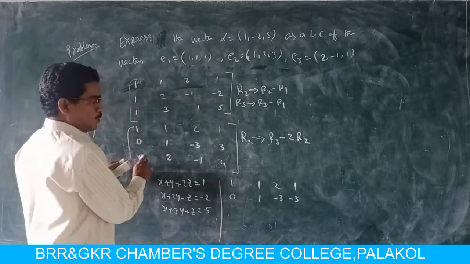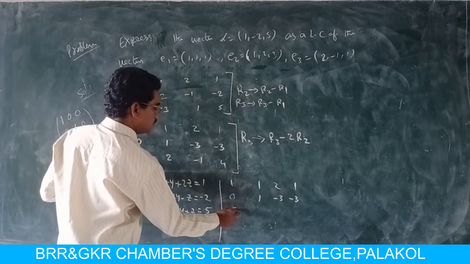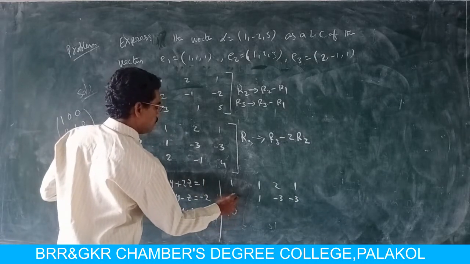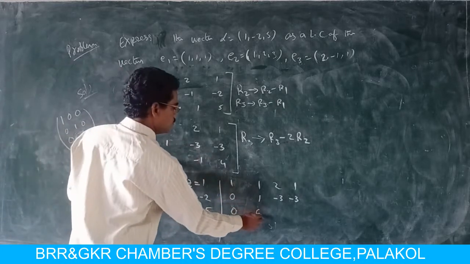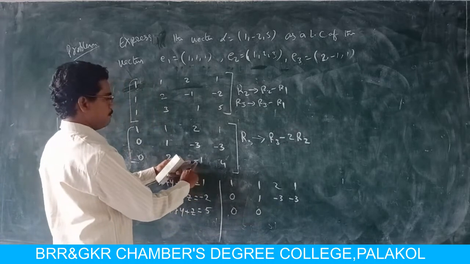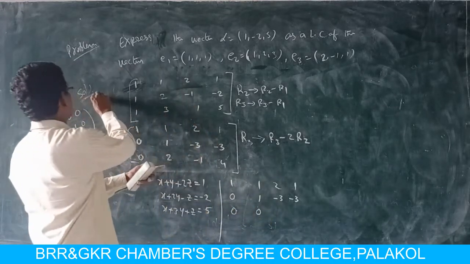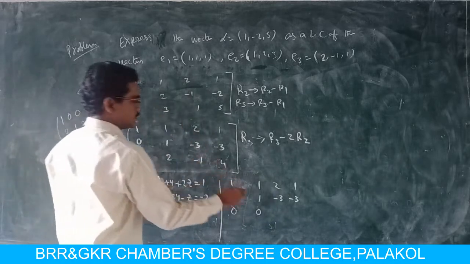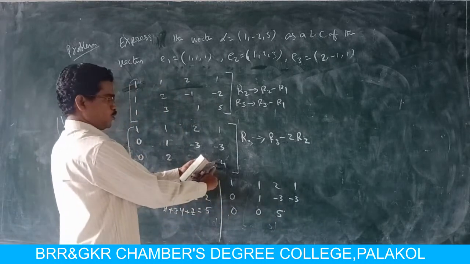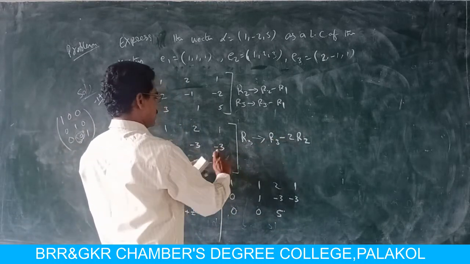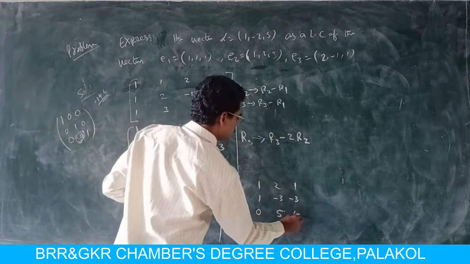Next, R3 minus 2R2: 0 minus 0, again 0, and 2 minus 2, then 0. Here minus 1 plus 6, that means 5, and 4 plus 6, that means 10.